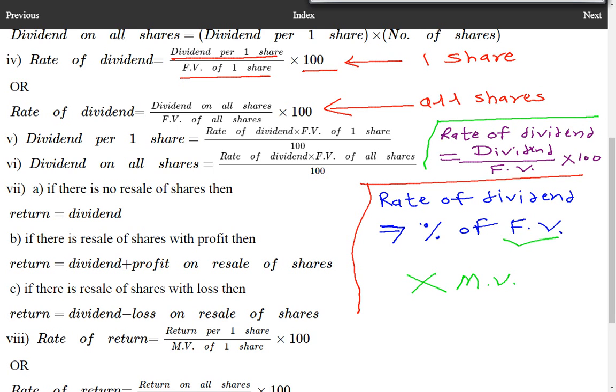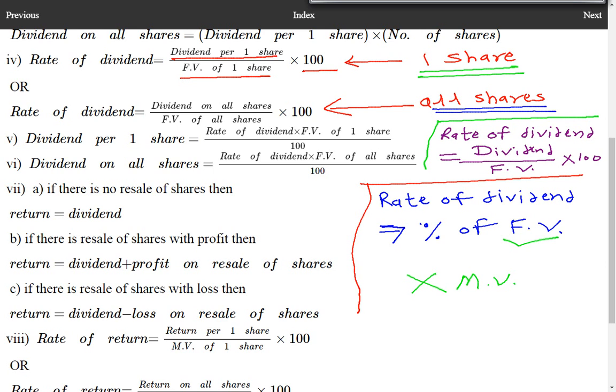So we can have two formulae for rate of dividend depending on whether we consider one share at a time or all shares at a time. So this is about rate of dividend.